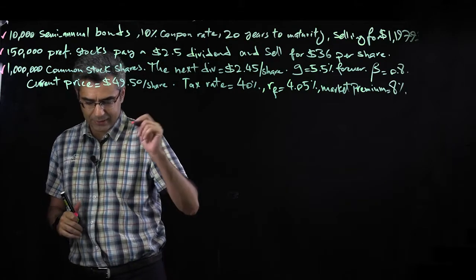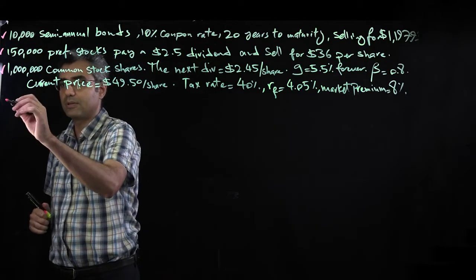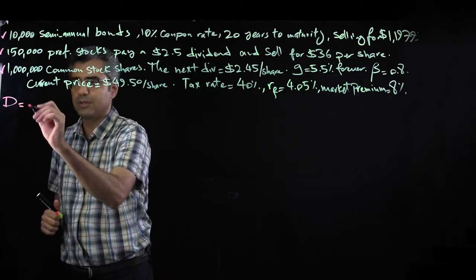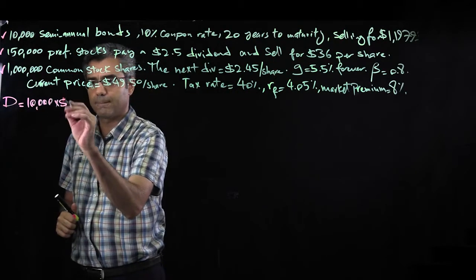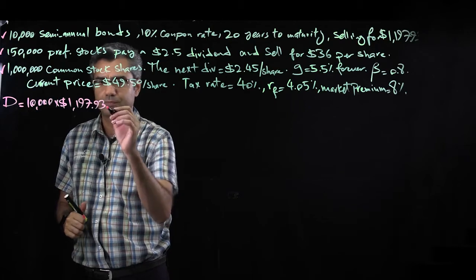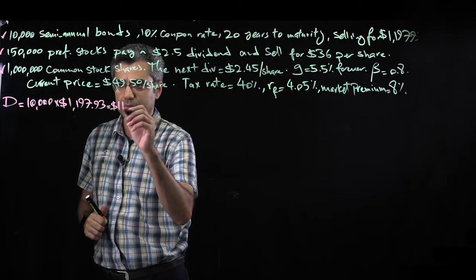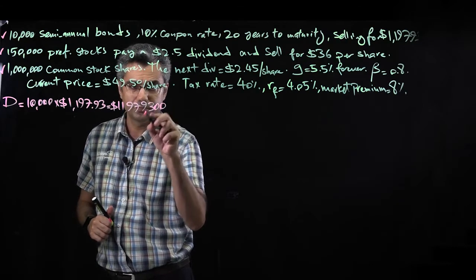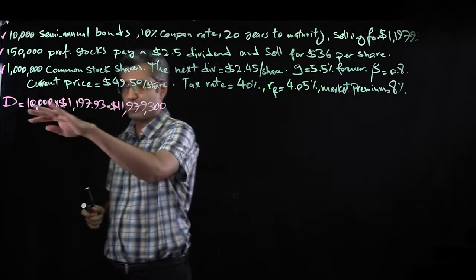I want to use the same terms that you will find in your slides and the textbook, so I name it D. The size of debt is 10,000 multiplied by 1,197.93, which is $11,979,300. So $11,979,300 is the size of the debt, right?